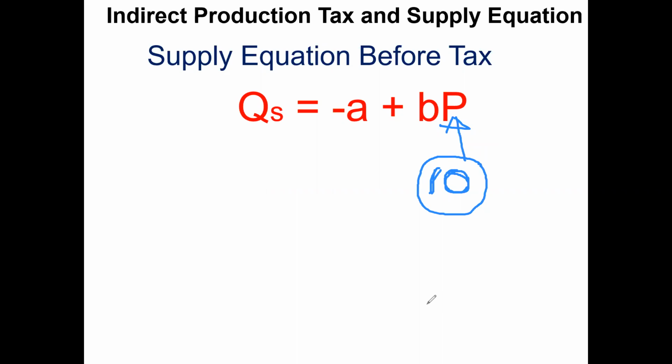Now, if the price is 10 rupee and the tax is 2 rupee, the producer can get only 8 rupee. If there is no tax, the producer can enjoy the entire 10 rupee. But if there is a tax, the producer can enjoy only 8 rupee.